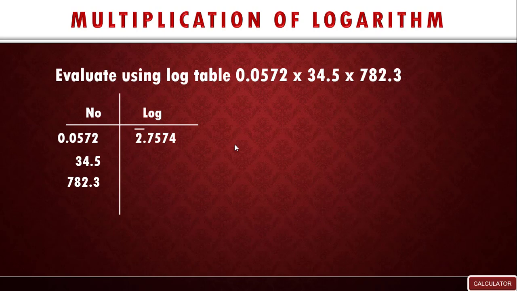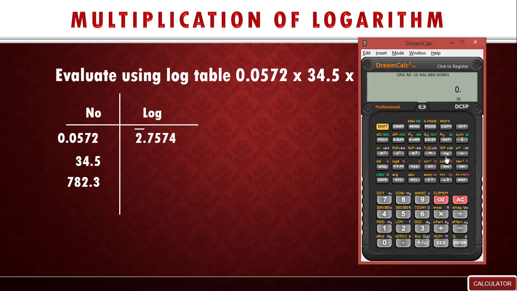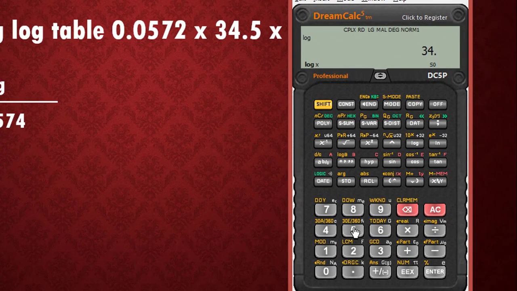So the next thing for us to do now is to determine the log of 34.5. So let's use our calculator. If you look, 34.5 is greater than 1, so we can determine the log directly. Log 34.5 equals, enter.